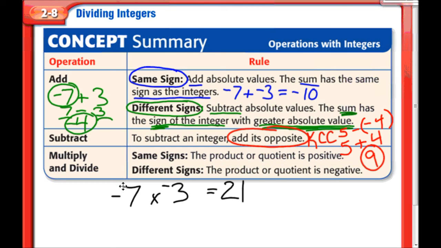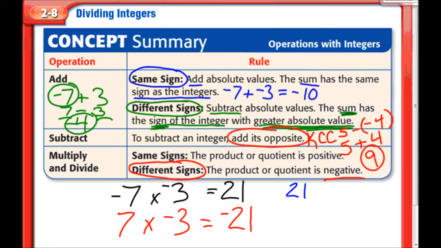Now, on the other hand, if you had a +7 and a -3, well, now you're going to get a -21 because our signs are different this time. So you're going to get a negative answer. Now we can, of course, flip that around and use division. How about 21 divided by -3?